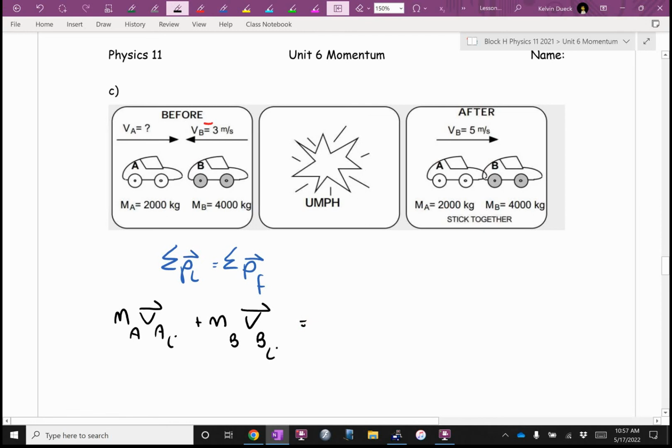Wham! They collide. After the collision, what's moving? Car A, car B, both, stuck together or separate? Any thoughts on how I can write stuck together? Stuck together, same velocity.